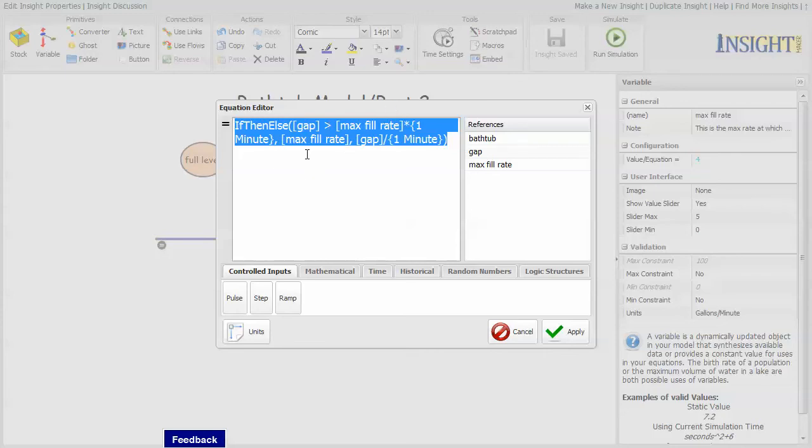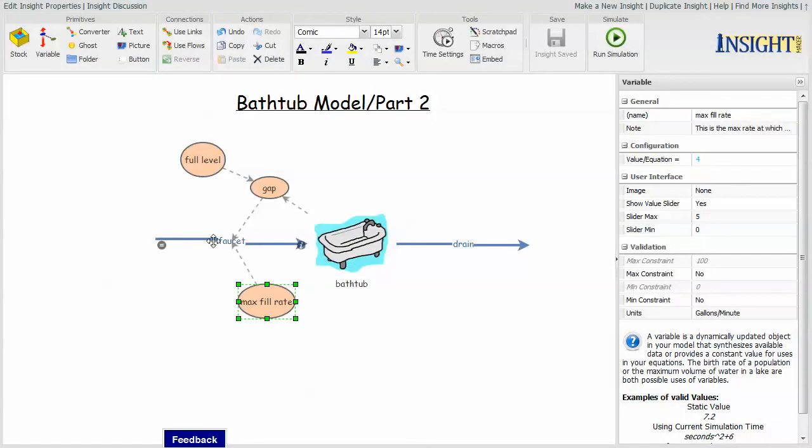And depending upon that comparison, the result of this calculation is either the maximum fill rate, which is gallons per minute, or the gap, which was in gallons, divided by 1 per minute, so that it ends up in the right units. When the calculation is done, the faucet, the flow, ends up being in gallons per minute, and everything is consistent.